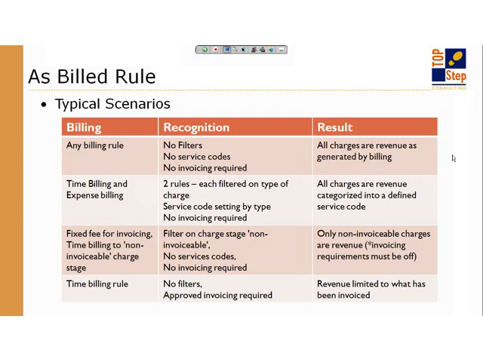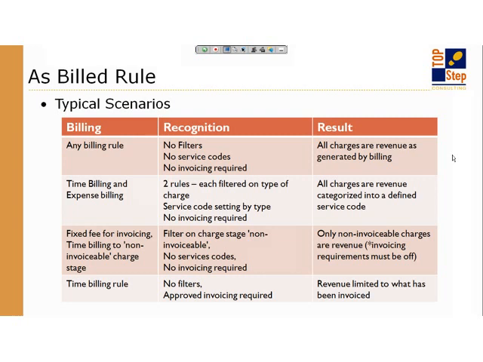The next scenario, many of you may be familiar with, it's usually referred to as the ghost charge scenario. And this is where you have a fixed fee invoicing situation, but behind the scenes you're recognizing the work delivered as time and materials. So every hour that's worked, you actually pick that up as revenue. So you have a time billing rule, but you're using something called a charge stage to throw those billing charges, or those invoice charges, into a group of items that will never be on an invoice because the customer doesn't need to see this level of detail.